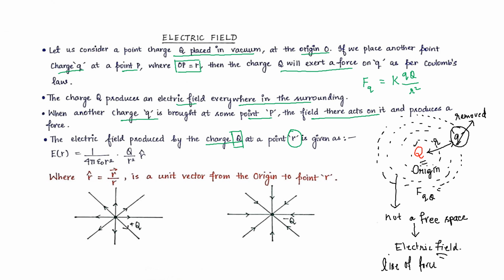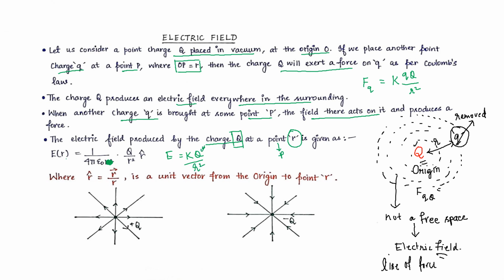at a distance of r at point P, is given as E at r equals 1 by 4 pi epsilon naught r square into capital Q. This is an extra r square, delete it. It should be E equals K Q by r square r cap.